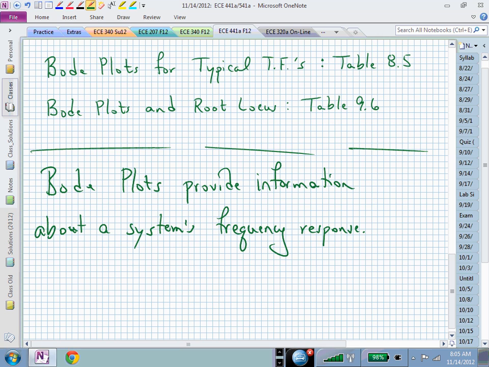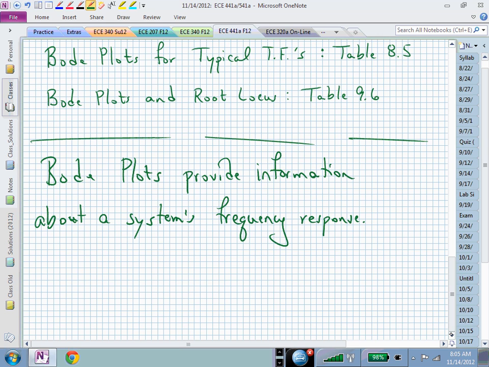If somebody gave you a Bode plot, for example, then based on the approximation of reading the Bode plot, you can tell how a sinusoid is going to respond if you apply it to that particular system.